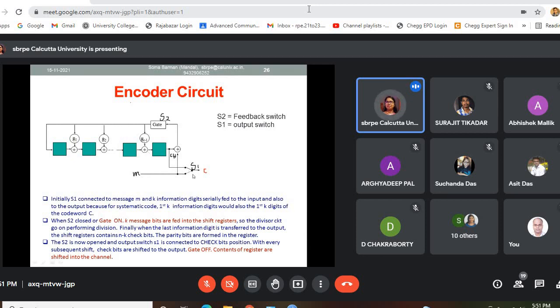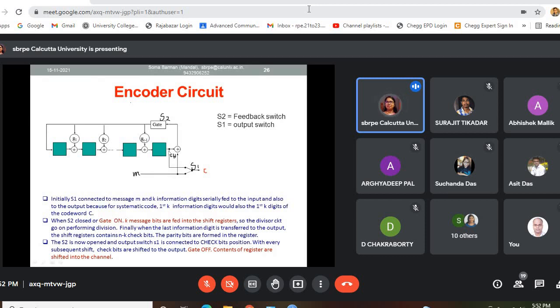But as switch S1 is connected here, whatever is coming out does not go to the output, the output of the encoder. Whenever all the bits are serially coming out through M to C directly, that time S2 switch is closed and S1 is connected to M, not the check bit.